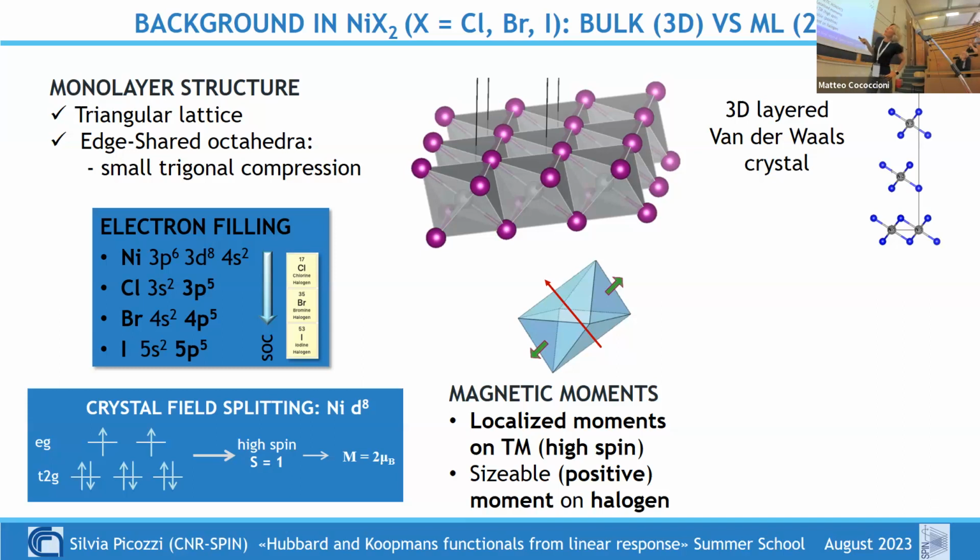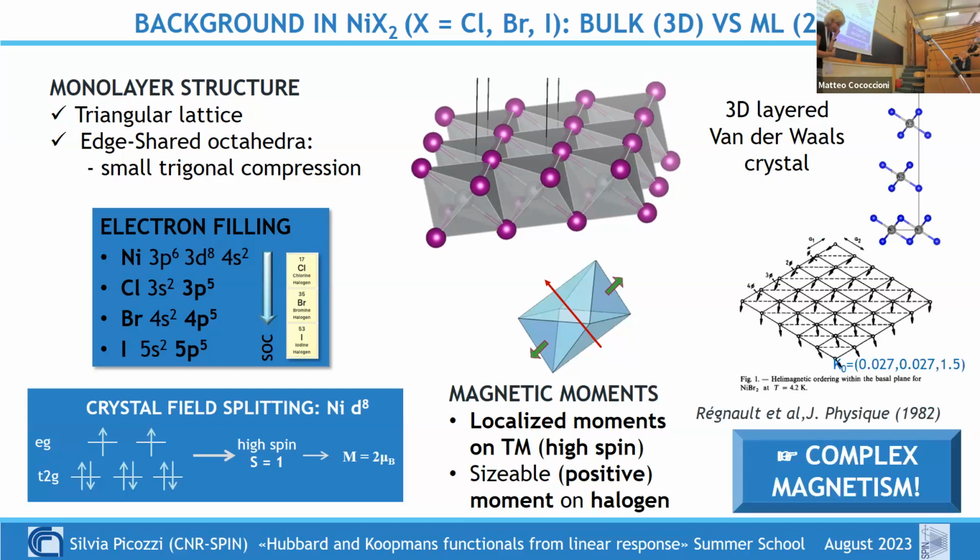The important thing also when you compare chloride, bromide, and iodide is that you move down in the periodic table. So you expect spin-orbit coupling to increase from chloride to bromide to iodide. These materials are interesting because they were characterized already back in the 80s in the crystal form.